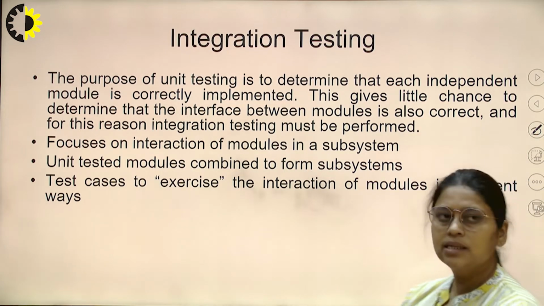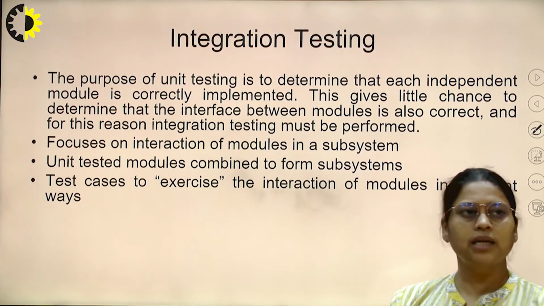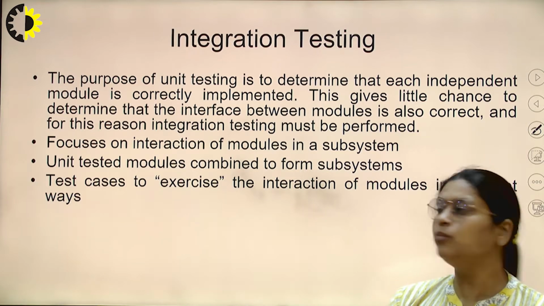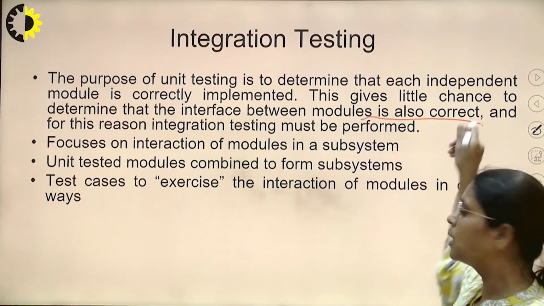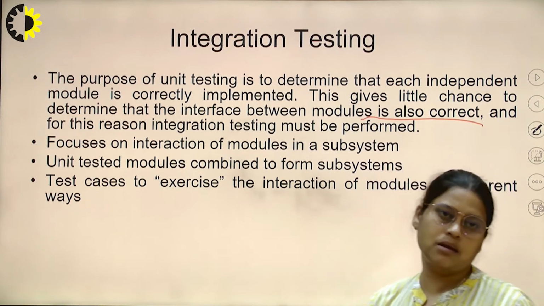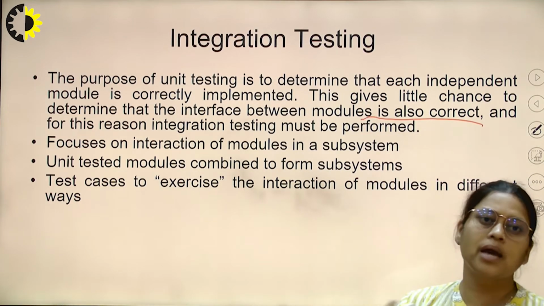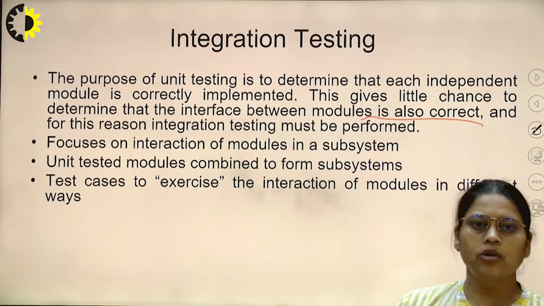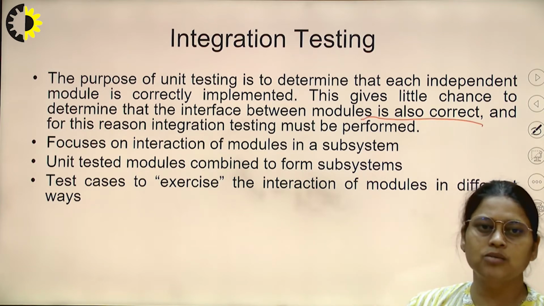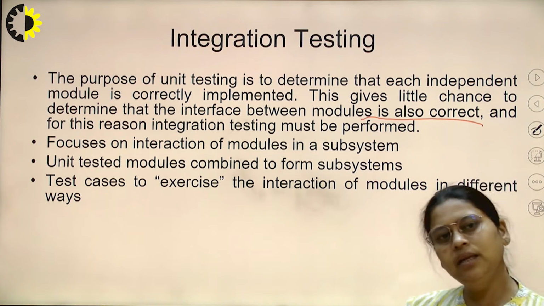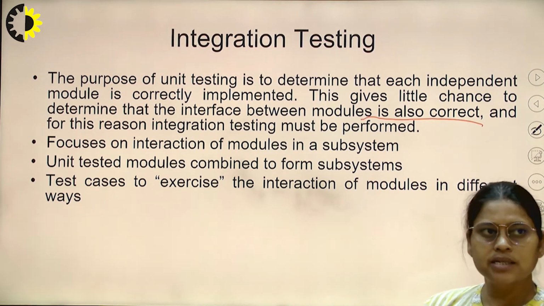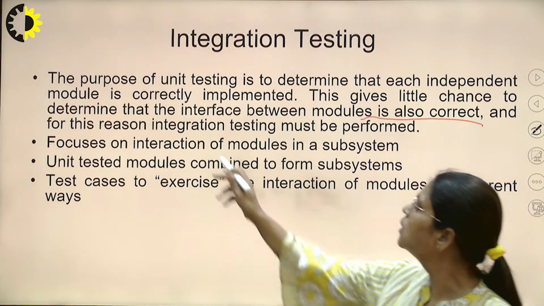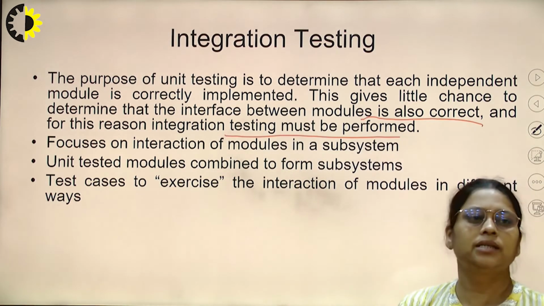This gives little chance to determine that the interface between modules is correct, because some error may remain in the modules when we integrate them. So we check the interface also. This is a part of integration testing, and for this reason we perform it after unit testing.